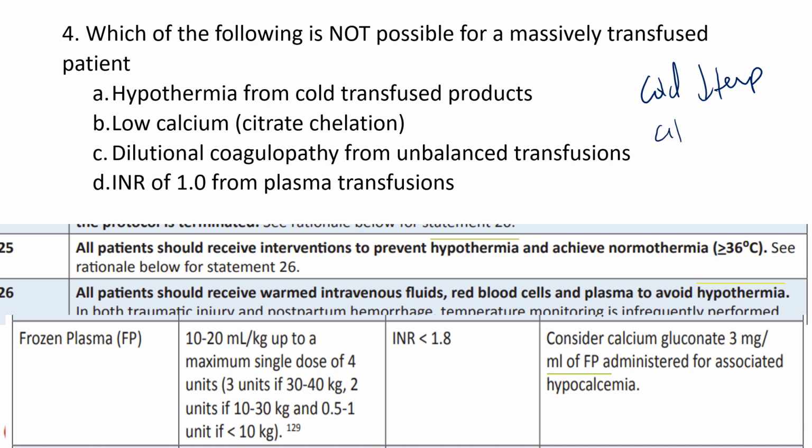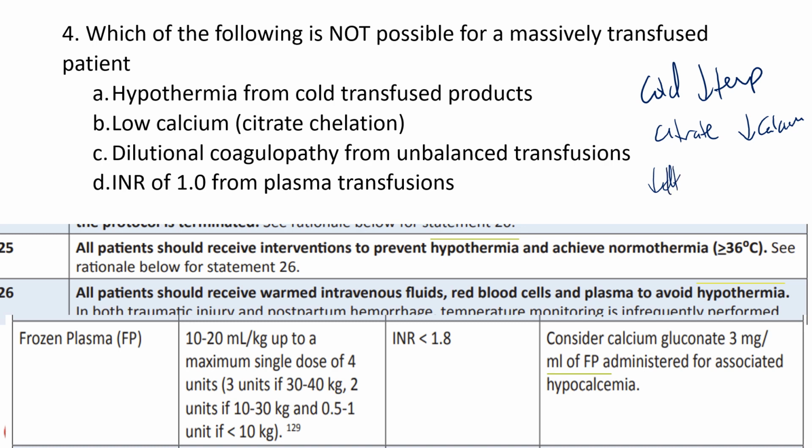Because there's citrate in the blood products, you can actually drop the calcium levels. So hypothermia, hypocalcemia, and then because you may be putting in saline, albumin, or more plasma than red cells, you can also dilute.